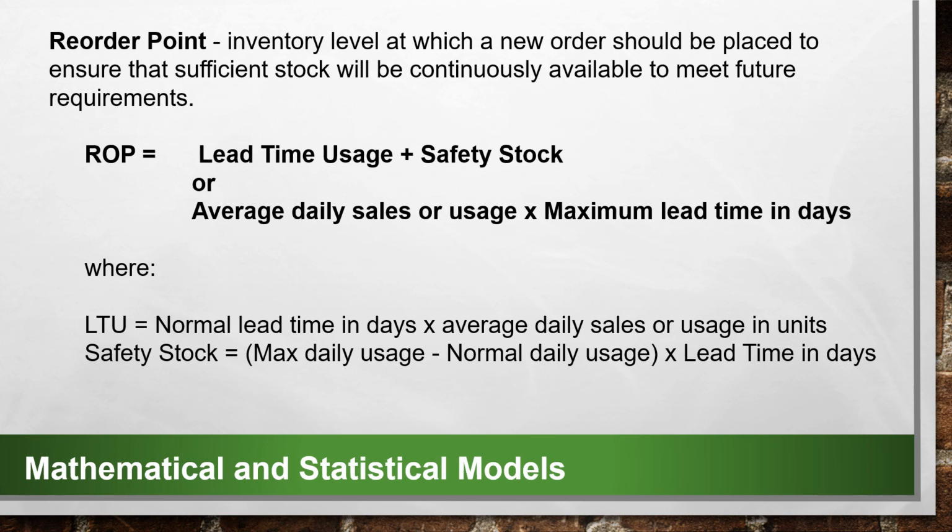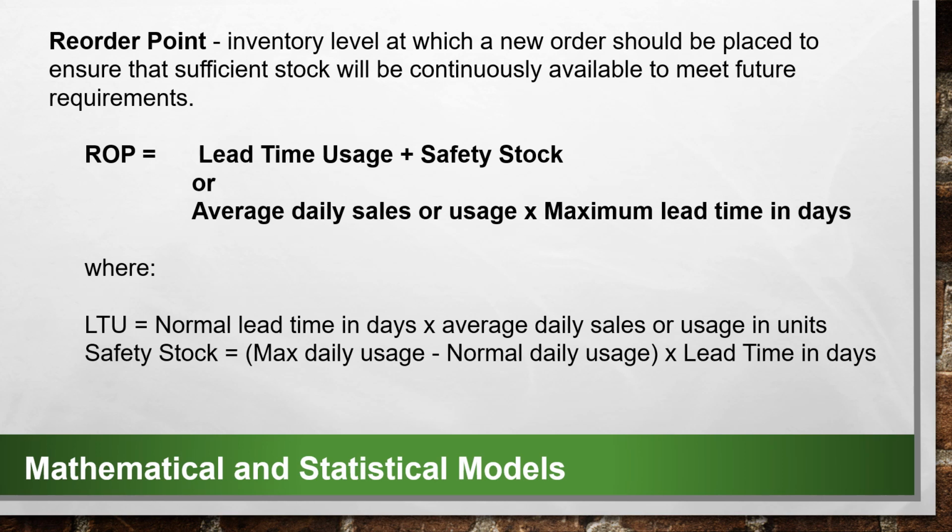For our second decision question, when should an operation replenish its inventory? Again, the answer depends partly on the uncertainty of demand. Orders are usually timed to leave a certain level of average safety stock when the order arrives. The level of safety stock is influenced by the variability of both demand and the lead time of supply. These two variables are usually combined into a lead time usage distribution.